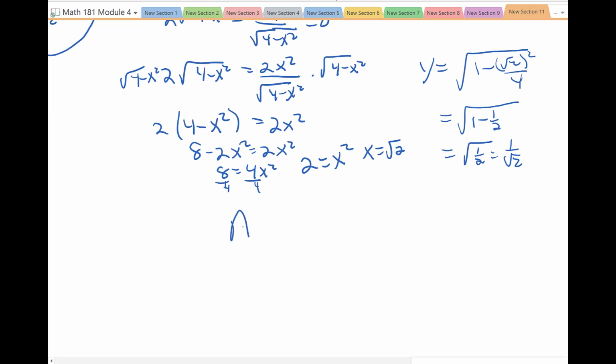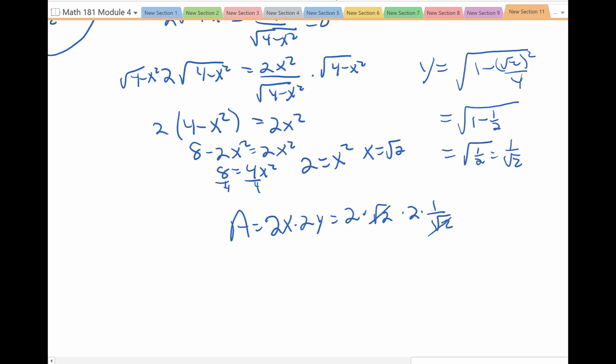So our area was 2L. No, it was 2x times 2y. So it's 2 times the square root of 2 times 2 times 1 over the square root of 2.